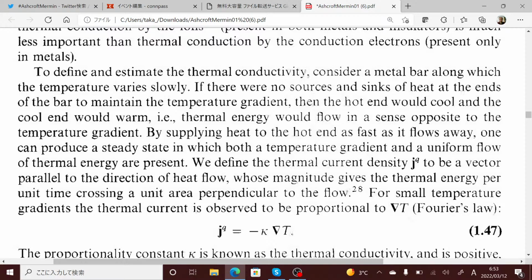That is, thermal energy would flow in a sense opposite to the temperature gradient.